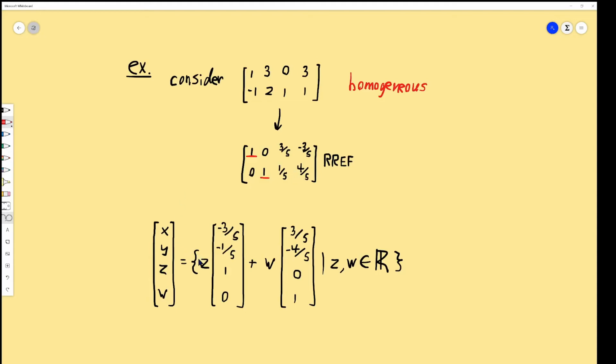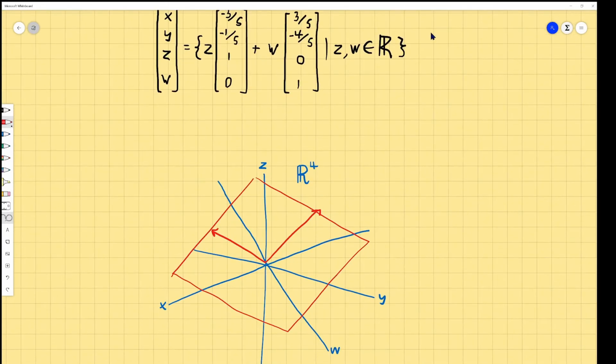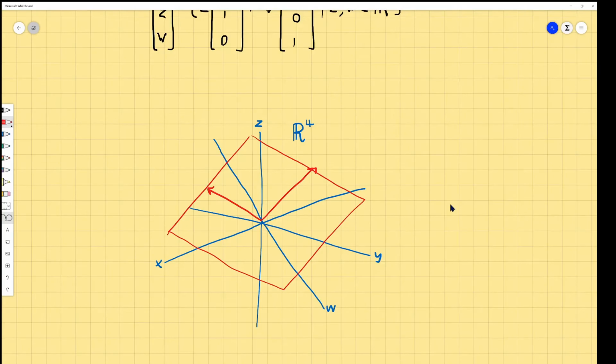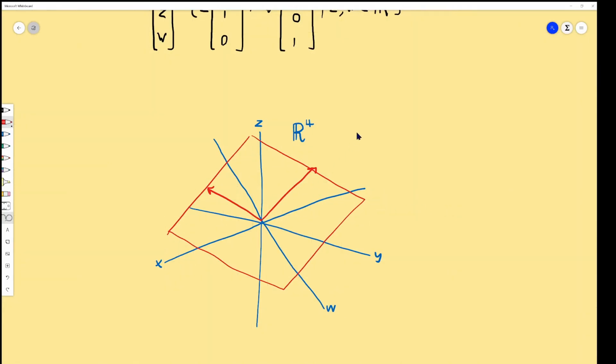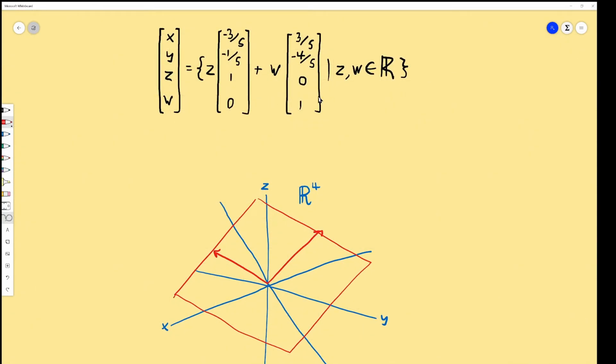And so the solution set looks like this. You'll notice it is in fact a plane because it's parameterized by the free variables z and w, which multiply these 2 vectors. And so we can think of these 2 vectors as basis vectors for this subspace, which is a plane in R4, and these 2 red vectors would be the vectors that z and w multiply.